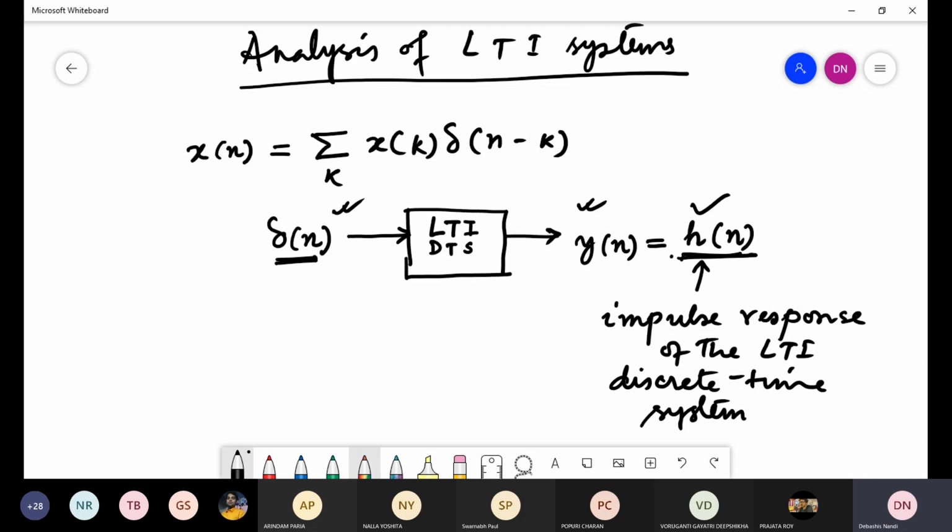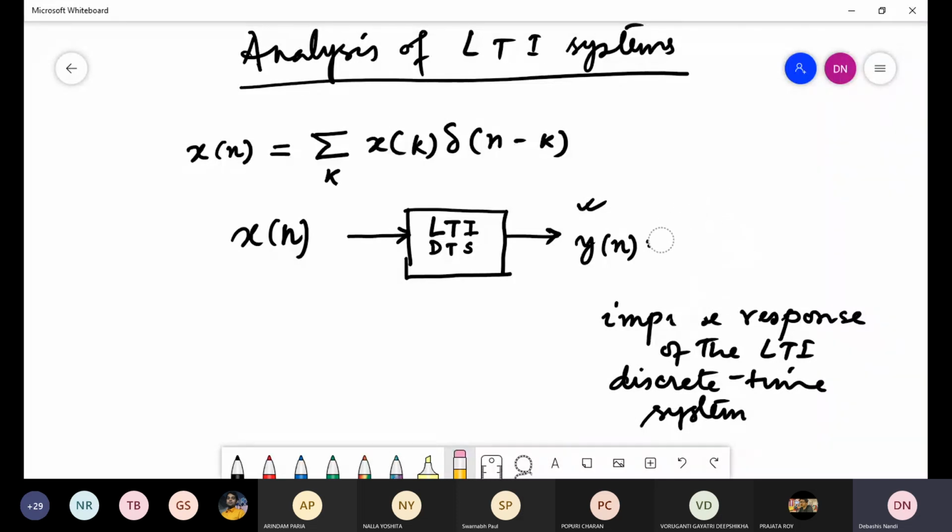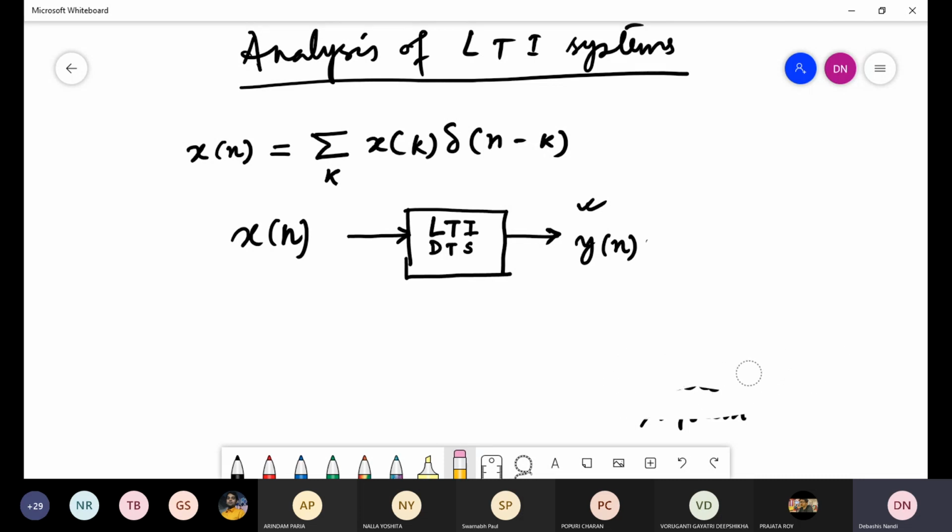Then if I apply some arbitrary input signal x(n), then what about the output y(n) in terms of h(n) and x(n)? That is our duty, our work, to find out that relationship between output, input, and this h(n). Okay, let us see what is the case.